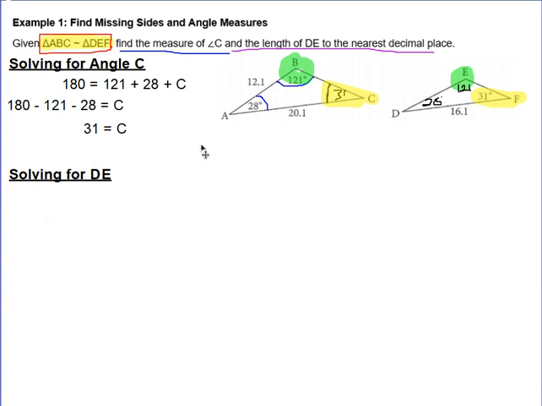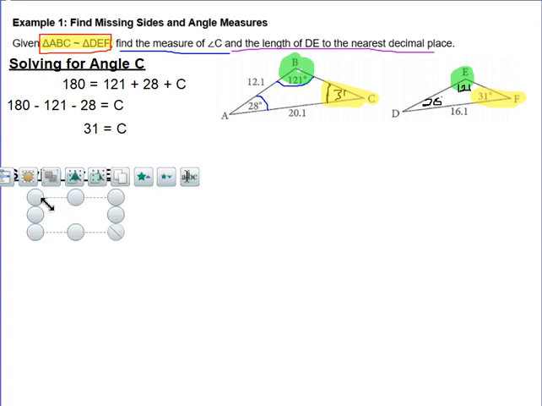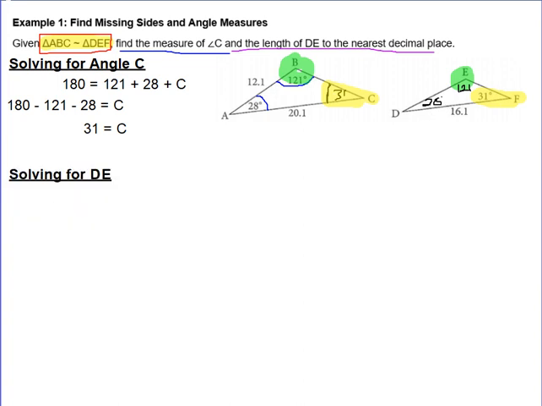So we're going to go ahead and set them up. I'm going to use triangle ABC as all my numerators, and triangle DEF, the smaller one, as all the denominators. So when I set up my ratios, I'm going to have to pick and choose my corresponding side length ratios. So let's use red.